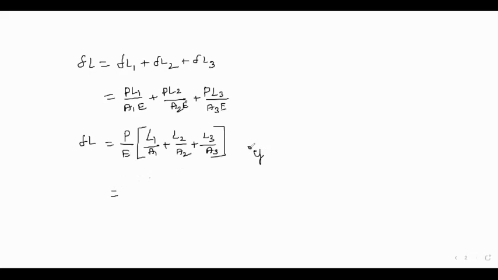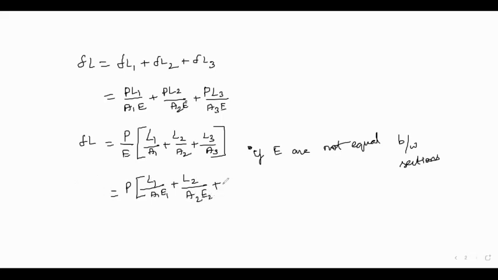If your E values are not equal between the sections, that is, if they have different values of E for each section, then the expression is rearranged as L1 by A1 E1 plus L2 by A2 E2 plus L3 by A3 E3.